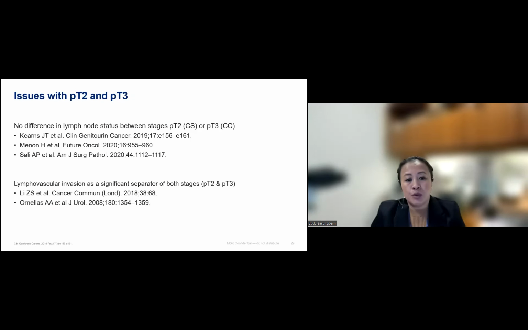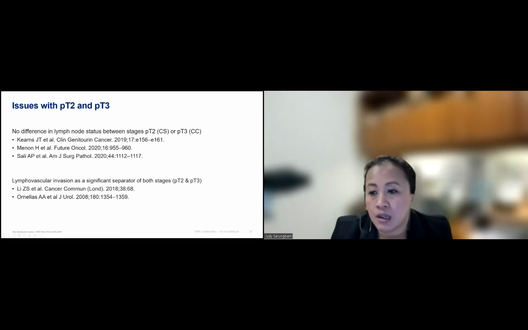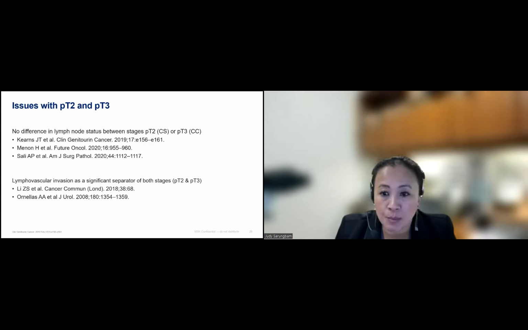There are still problems with PT2 and PT3 tumors. Kearns et al. found in a retrospective evaluation of about 902 patients that there is no difference in lymph node staging between stage PT2 and PT3 based on corpus spongiosum or corpus cavernosum involvement, which has been supported by a few other studies, some of which I mention here.